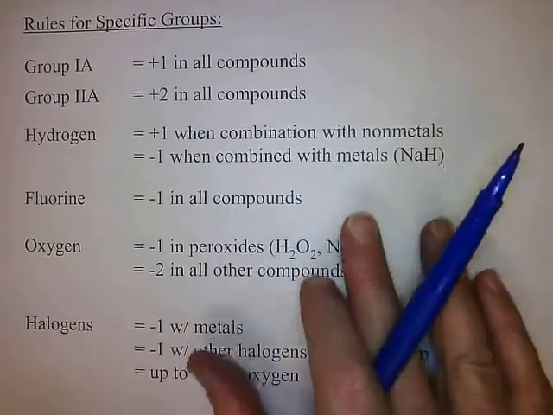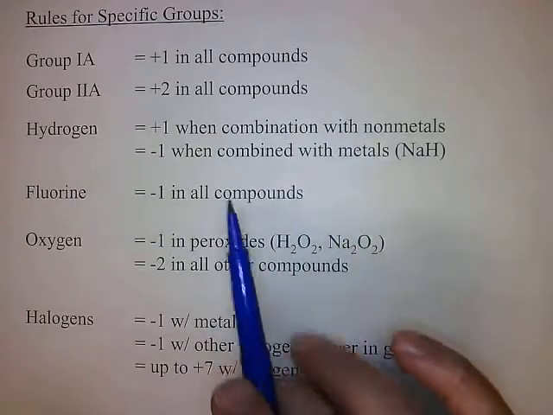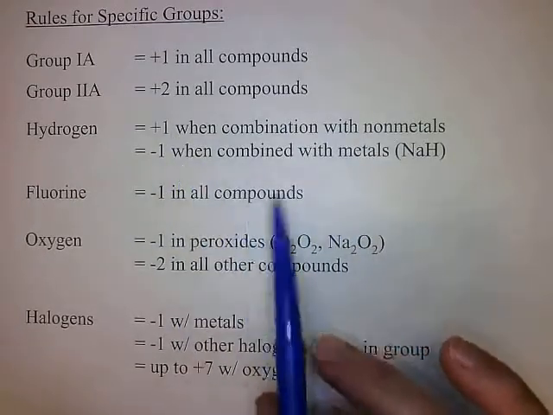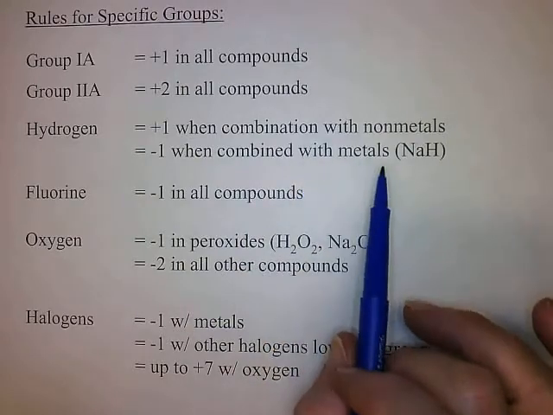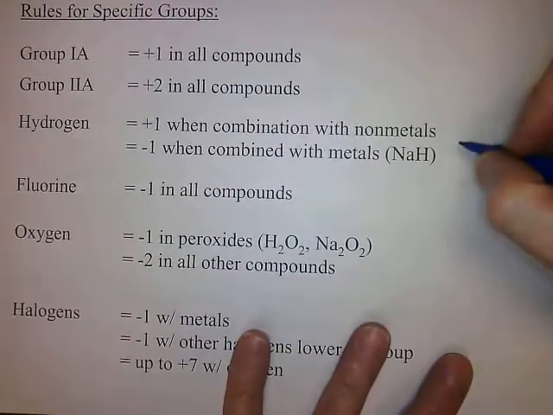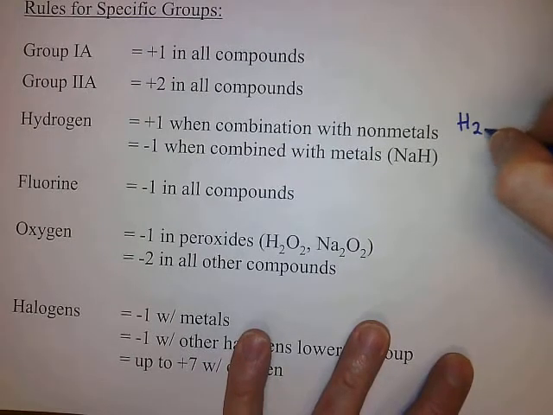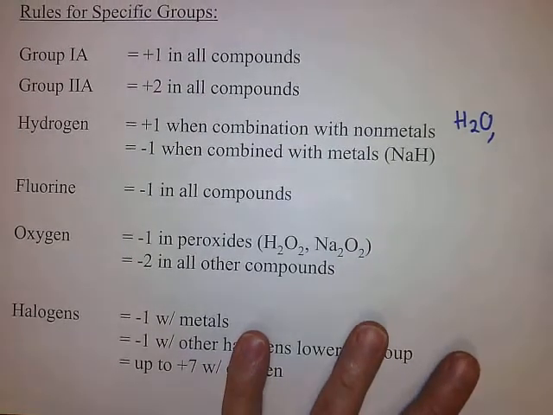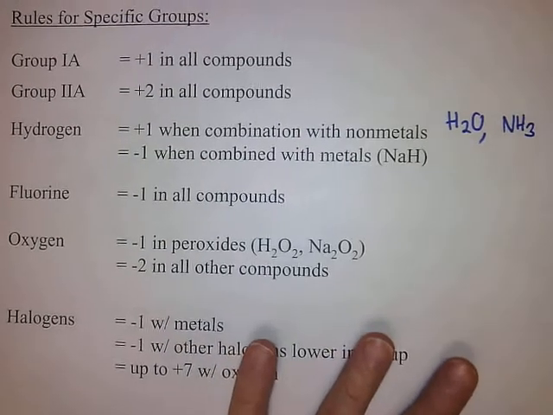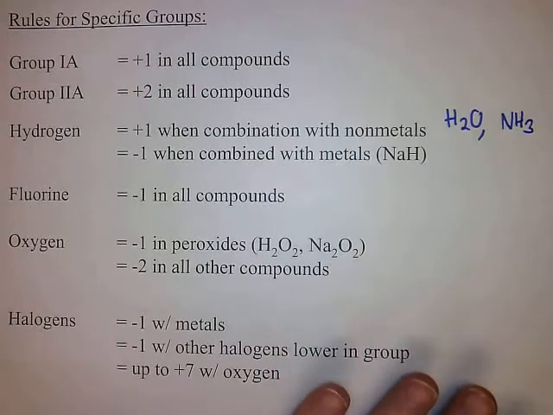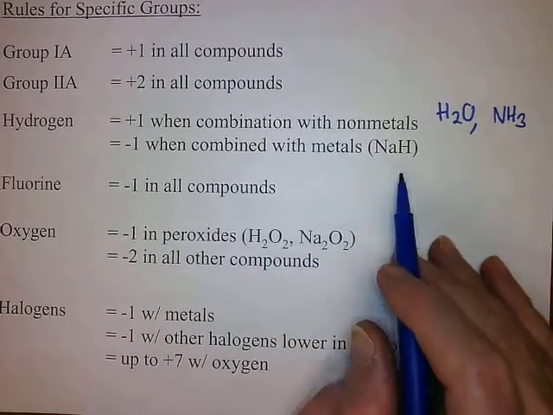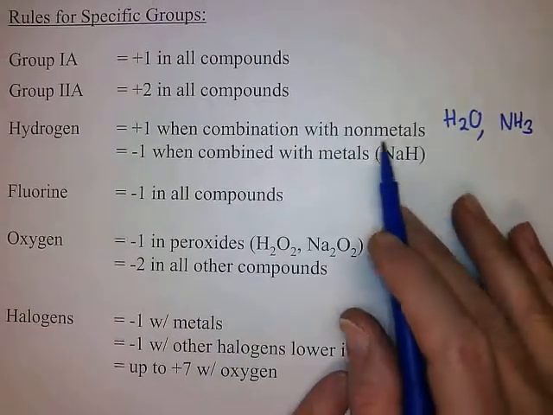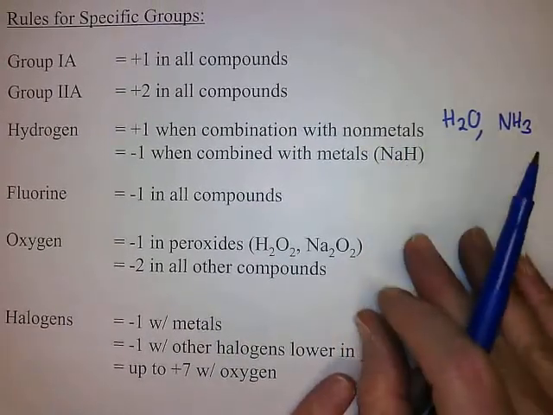Now hydrogen is kind of weird. It's +1 in its combination with nonmetals. So for example, in very common examples like water and ammonia, the hydrogen is going to be +1. But it can be -1 when combined with metals. For example, hydrides, such as sodium hydride.